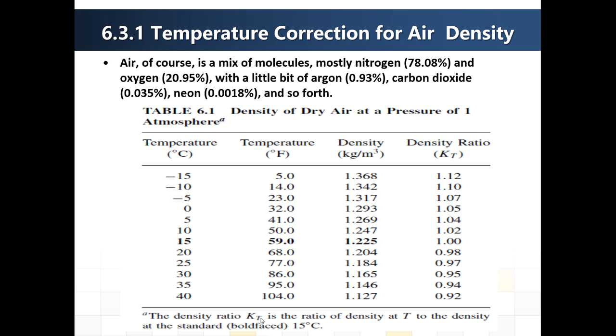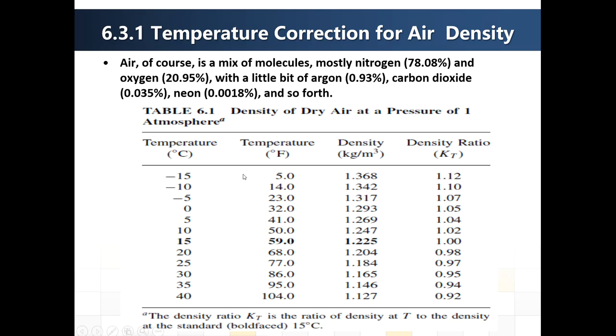Air is a mix of molecules. In the air, most is nitrogen, which accounts for 78.08%, and oxygen accounts for 20.95%. And air has a little bit of argon, carbon dioxide, and neon. Table 6.1 shows the density of dry air at a pressure of 1 atmosphere.